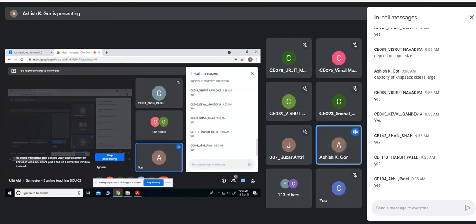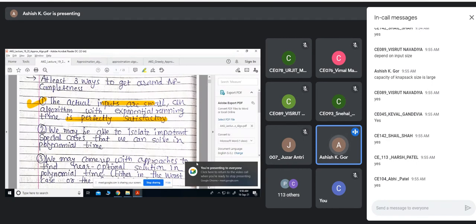So when the inputs are small, it's perfectly fine even if you have an exponential running time algorithm. But when it grows larger, it becomes difficult. So if you have a smaller input size, you can use that exponential running time algorithm; it's perfectly satisfactory. But this is not always the case.